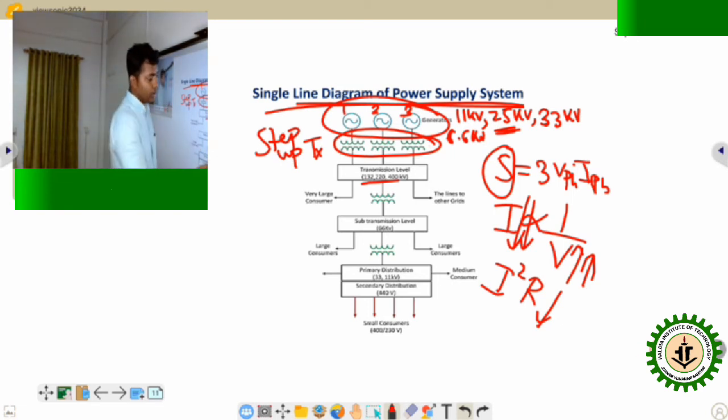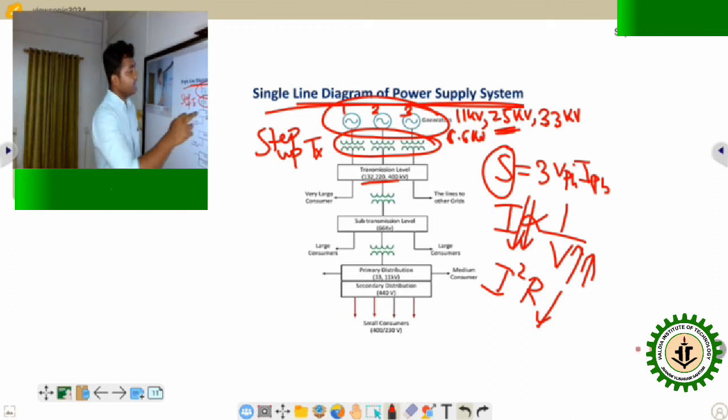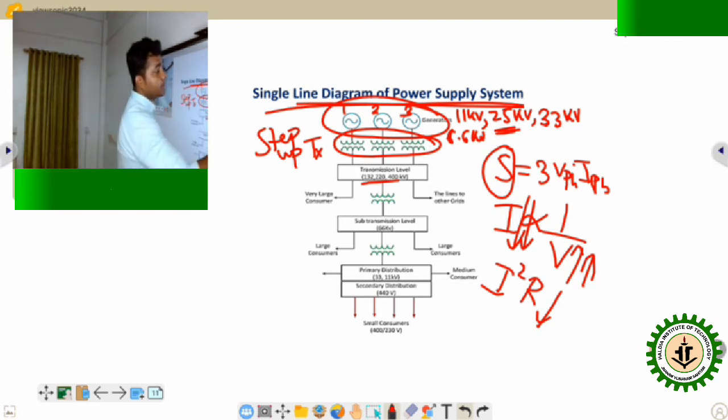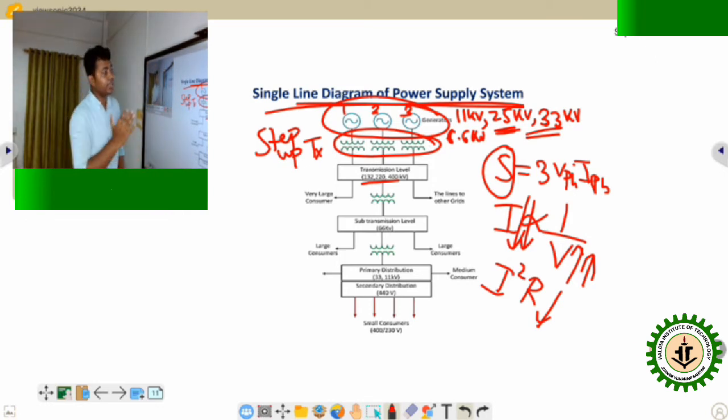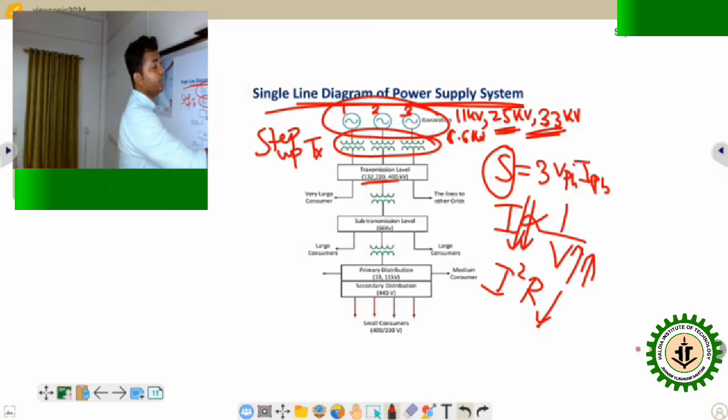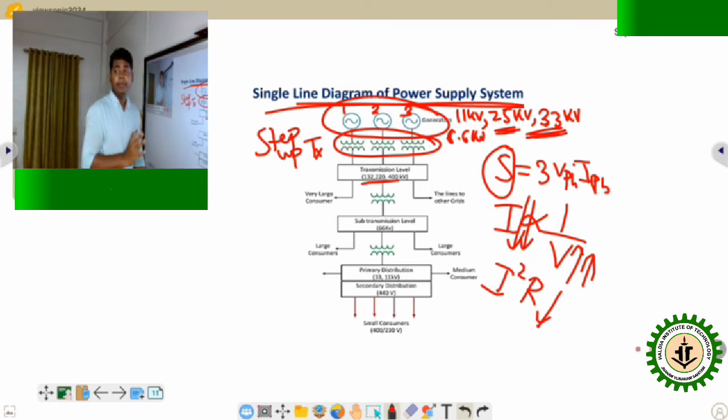Next, another thing is that the generator in the generation station generates maximum 33 kV, not more than 33 kV. Why does the generator generate maximum 33 kV? Here is also a limitation: the limitation of the insulation.